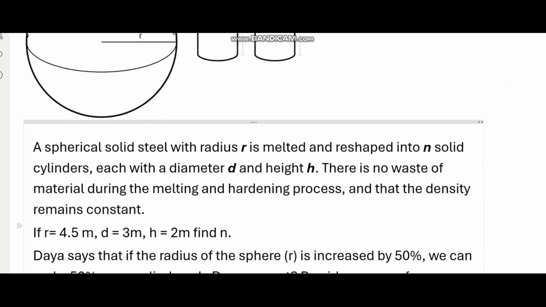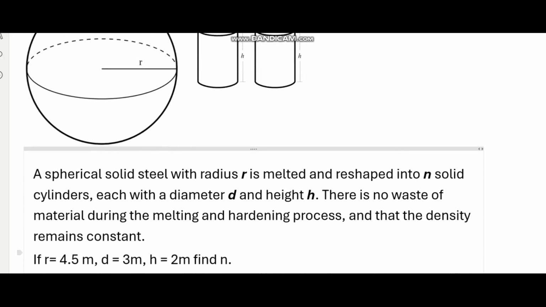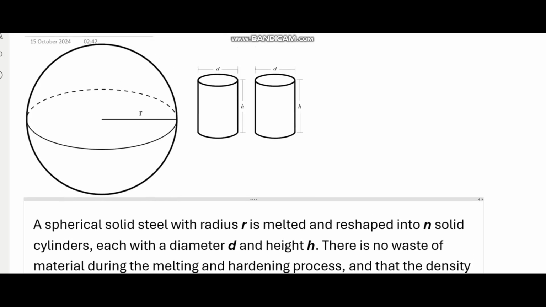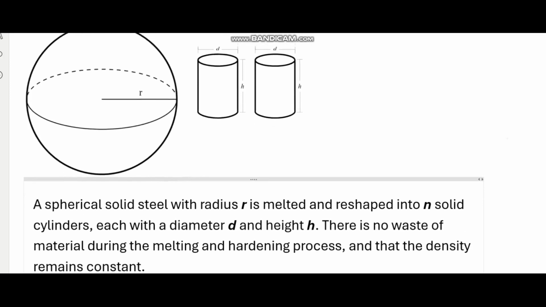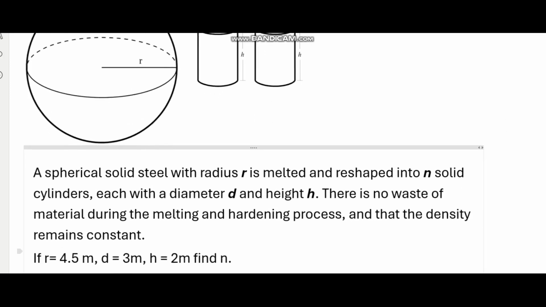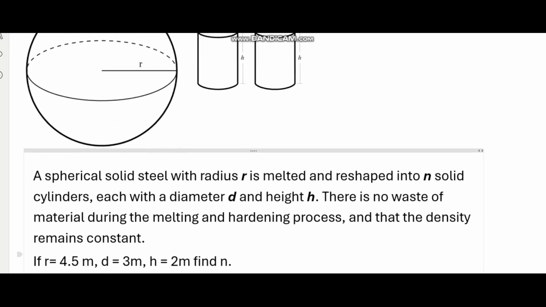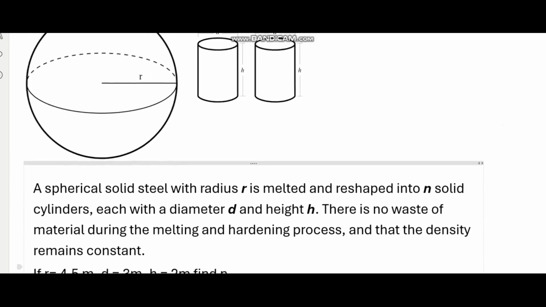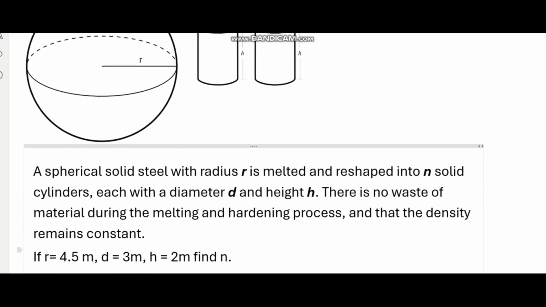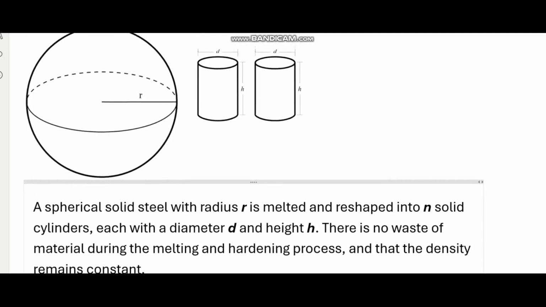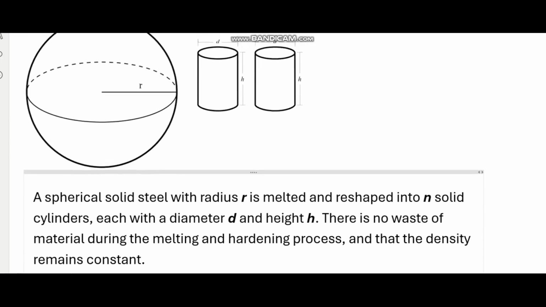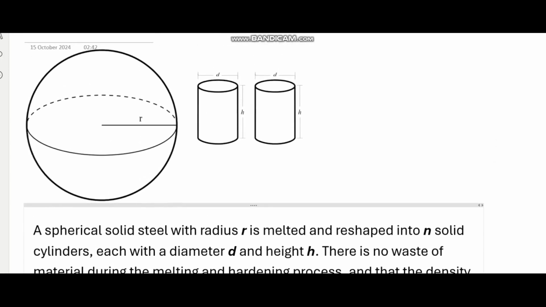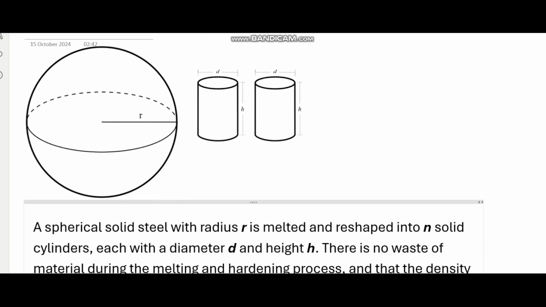So the question is, if r is 4.5, in other words, if the radius of the spherical solid steel is known, and if the dimensions of the cylinders are also known, so d is 3, h is 2, find n. In other words, how many cylinders like this can we make?